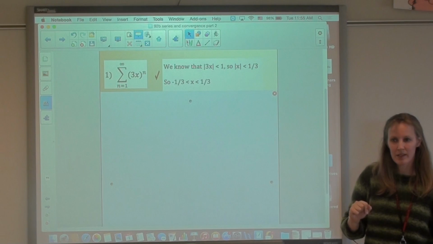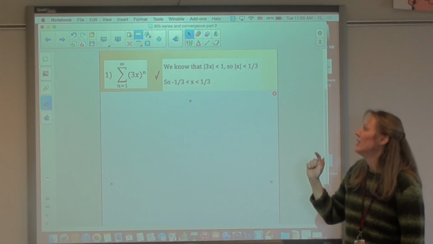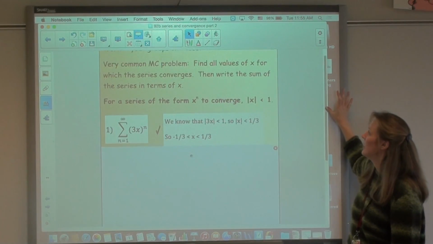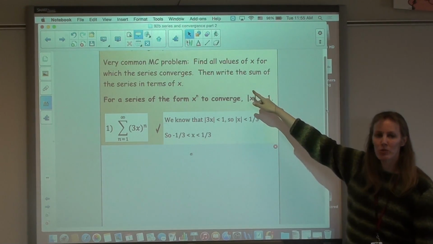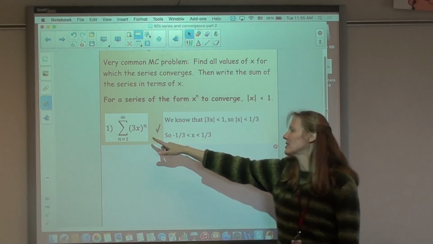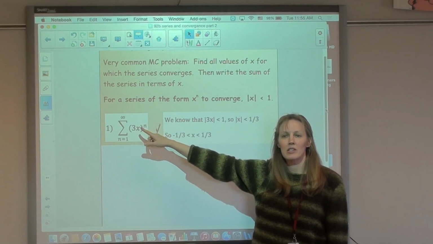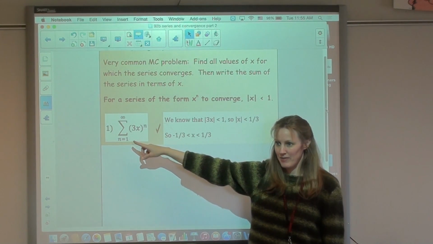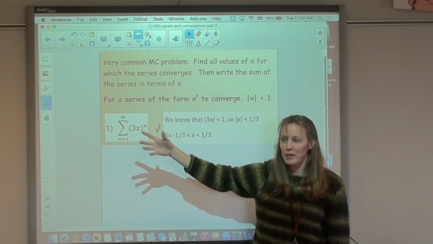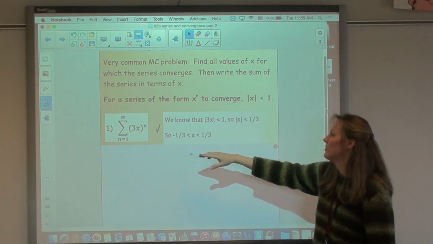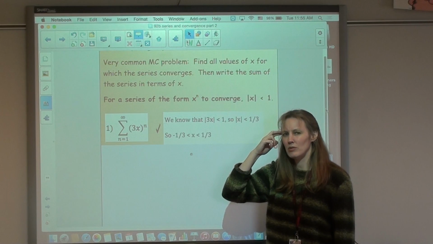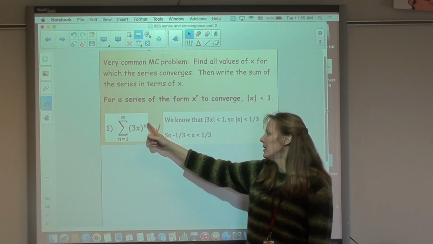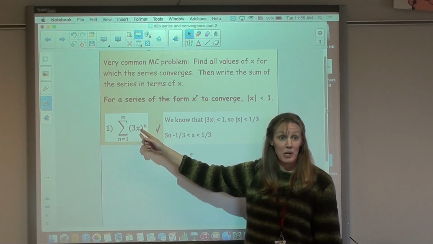Does that make sense? Now, there's also a part B. It says then write the sum of the series in terms of x. In order to find the sum of an infinite geometric series, what does n have to start with? 0, right? So we have to rewrite this starting with 0. How do we do that? Plug in the 1, and for this you get 3x.